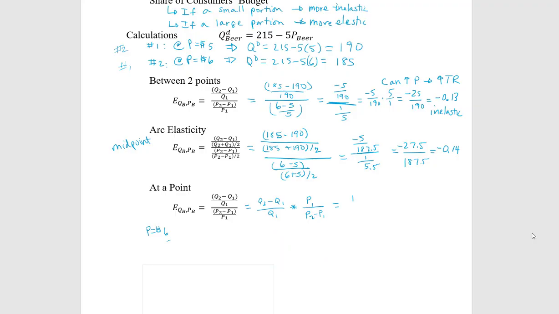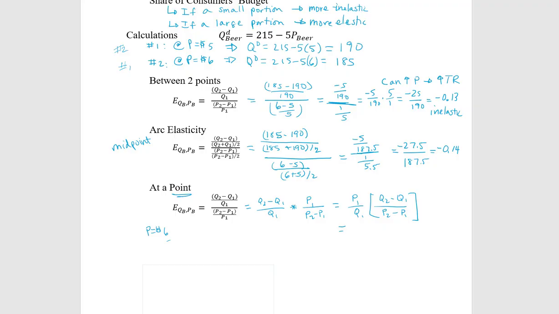So I'm going to do P1 over Q1 times Q2 minus Q1 over P2 minus P1. So P1 over Q1 would be the price and quantity at that point of interest. Q2 minus Q1 over P2 minus P1 should look familiar.